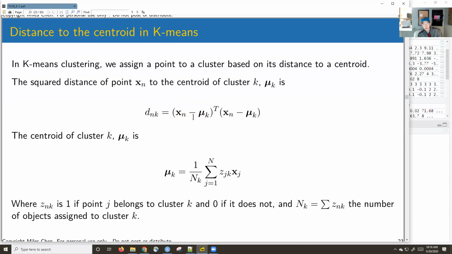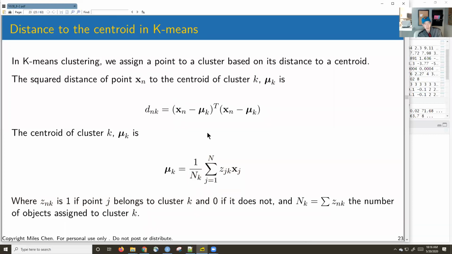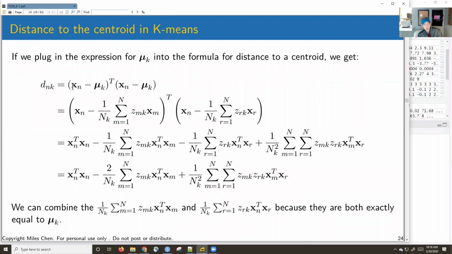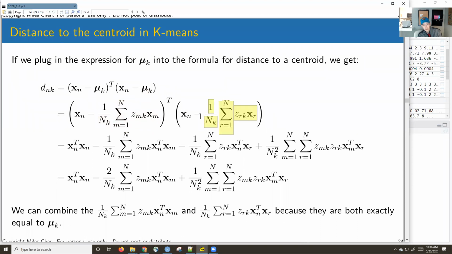Okay. All I'm going to do is take the mu sub k and just replace it with this. So I'm going to just plug this thing in for mu sub k. That's all that's going on in the next slide. So I just say x of n minus mu sub k. Mu sub k is getting replaced with this whole thing. And this mu sub k is getting replaced with this whole thing.